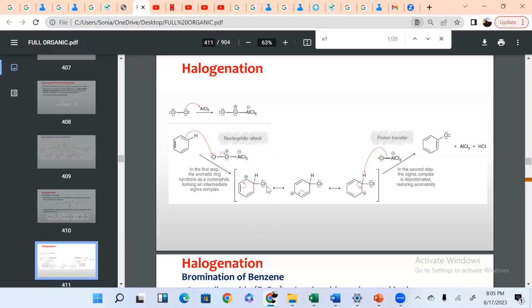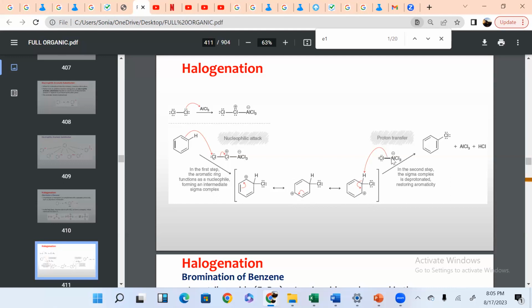Now we have the delocalization of the electrons. Because this bond has broken, we have a deficiency here, so these electrons move, which shifts the secondary carbocation, and that proceeds again. Now we have this pi bond moving here and the carbocation coming here. Then we have the breaking of this bond with the hydrogen.